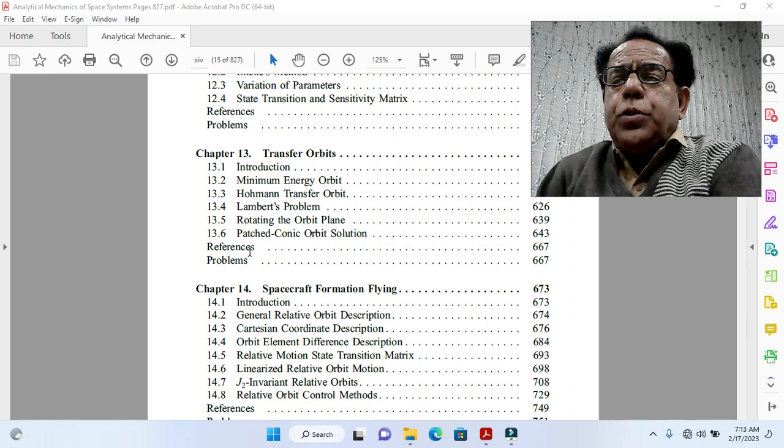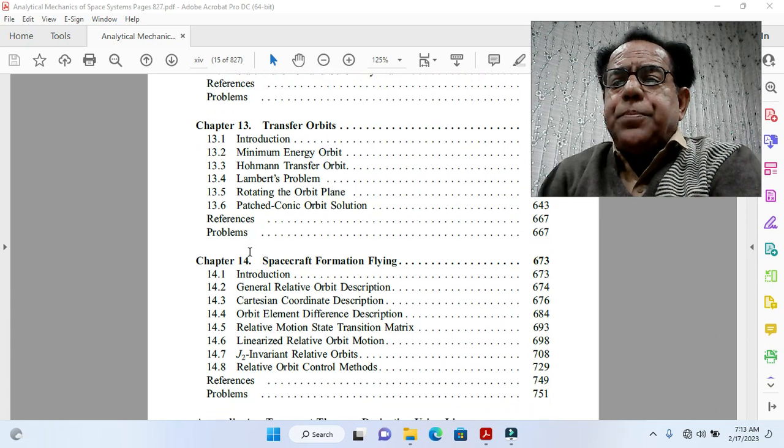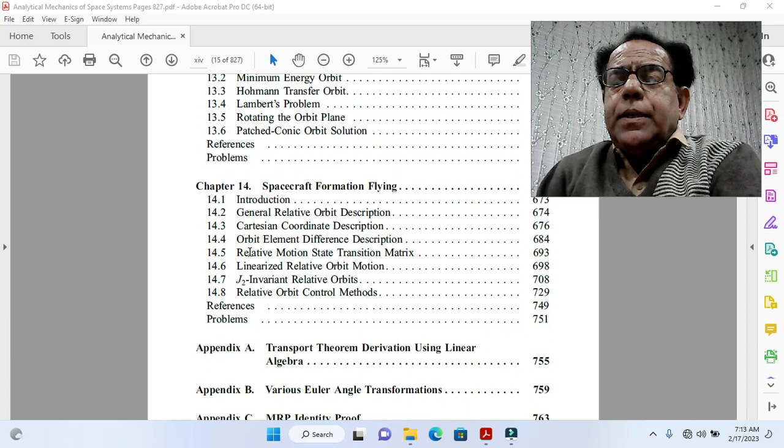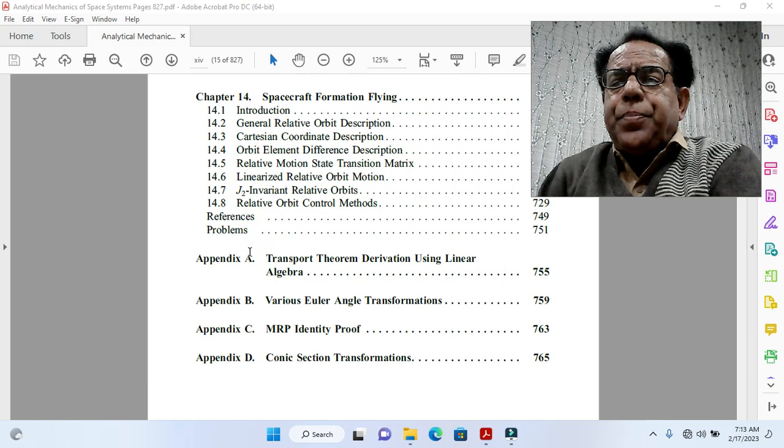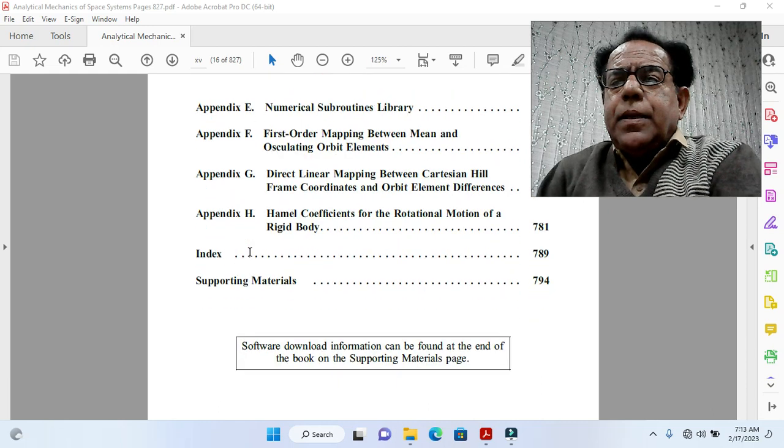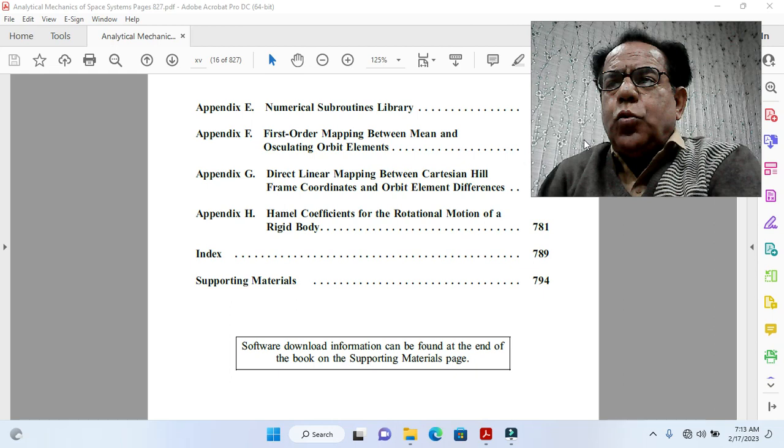Chapter number 14 is spacecraft formation flying. And then the appendix begins. The index is given at page number 789, while supporting materials is given at page number 794.